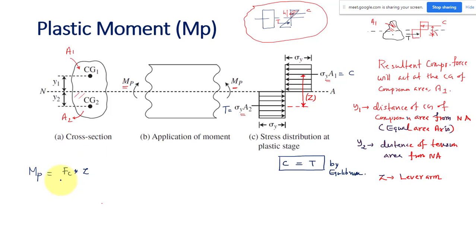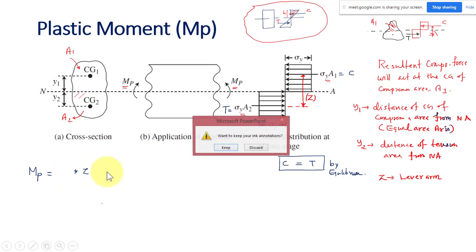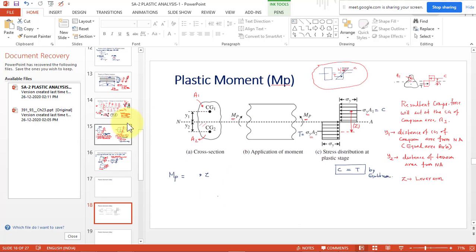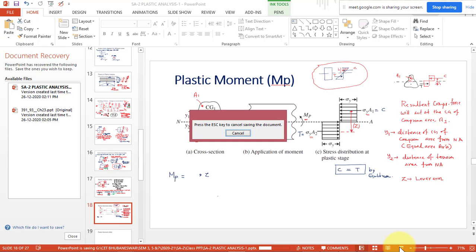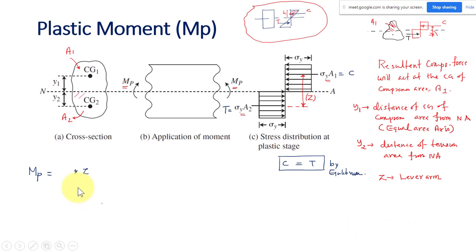I think I have to write C only, otherwise you may get confused. So this is your plastic moment of resistance, compressive force into lever arm.